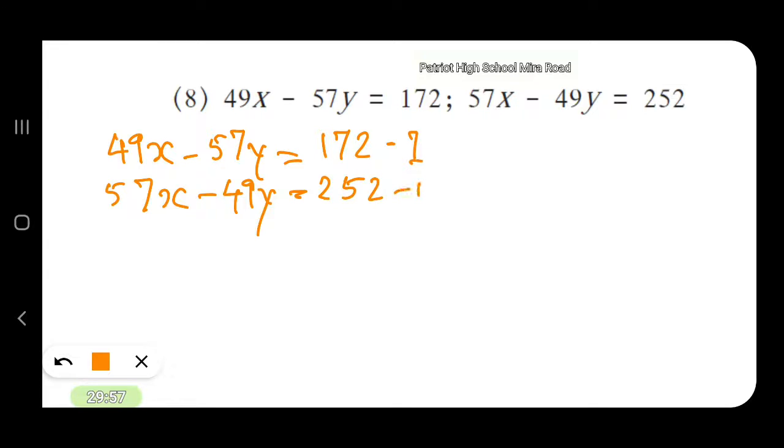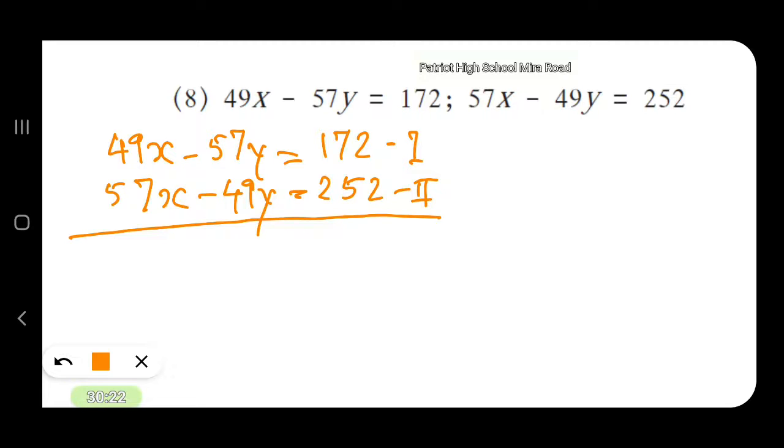This is equation 2. Here also we see that the coefficients have interchanged: 49x and 49y in the second equation, 57y in the first equation and 57x in the second equation. So in one case we add the two equations, in another case we subtract one from the other.